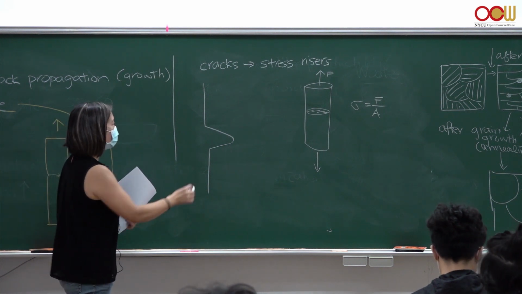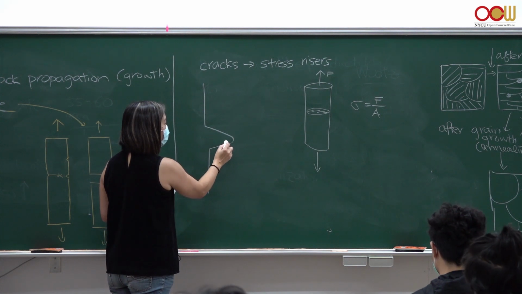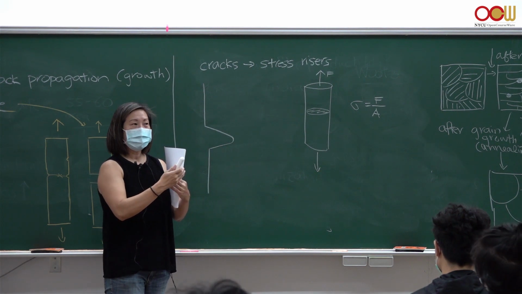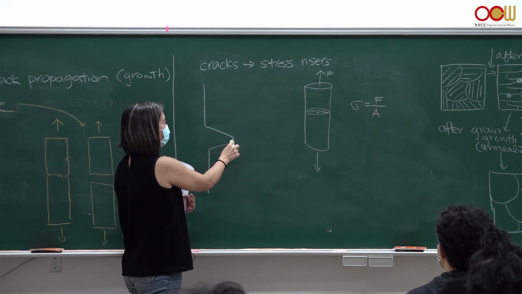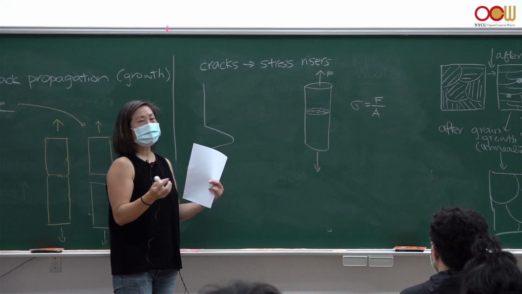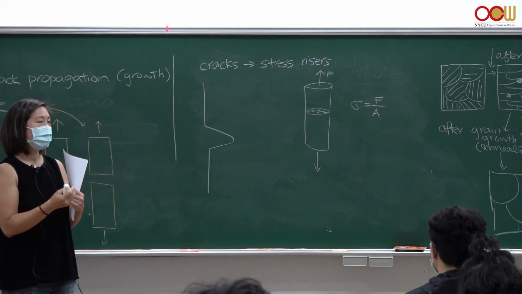What happens at a crack is that at this tip, there are only very few bonds resisting that force. So it's essentially like reducing the surface area.